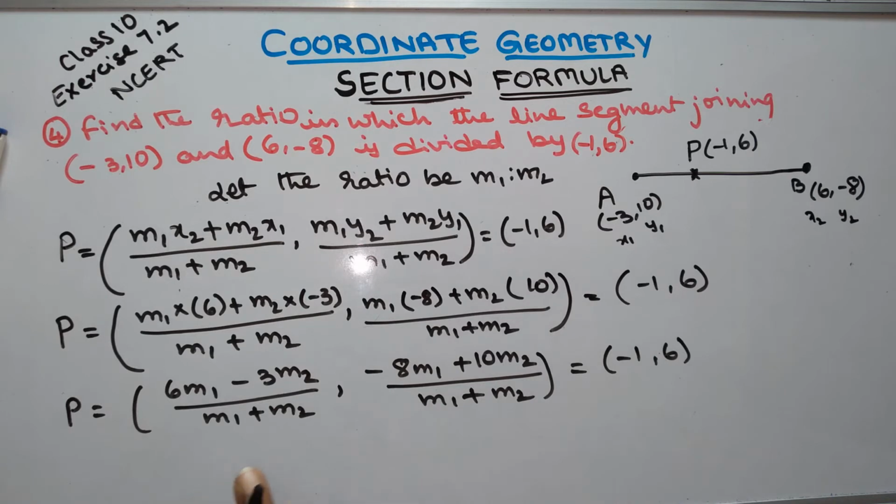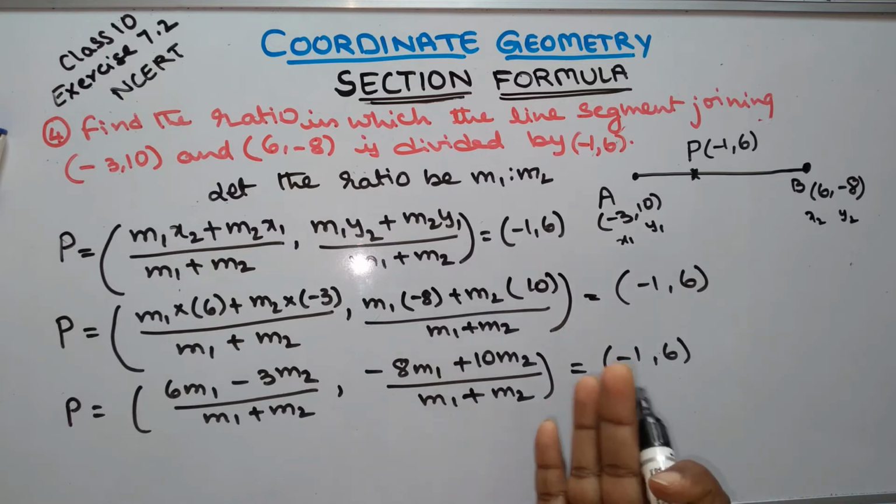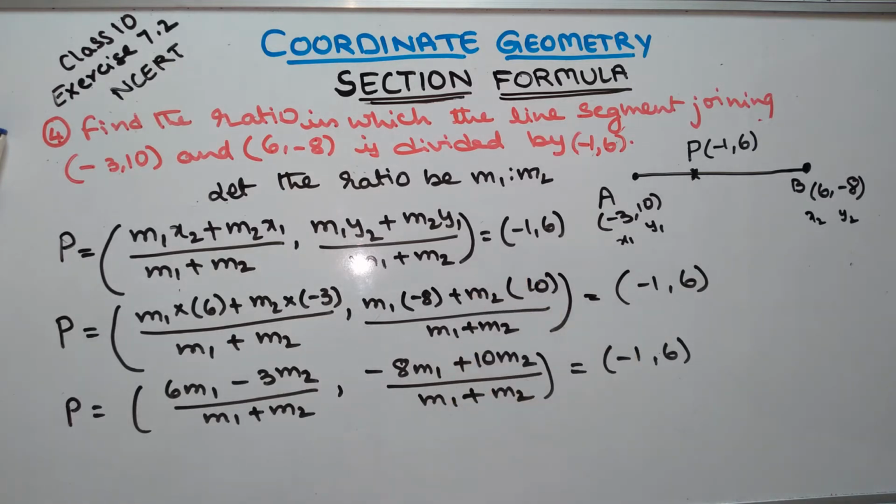By equating the coordinates of x and y to -1 and 6, we can get the ratio M1 is to M2. Either this we can equate or this we can equate. No need to solve both. Either this or that, we will get the M1 is to M2 ratio.